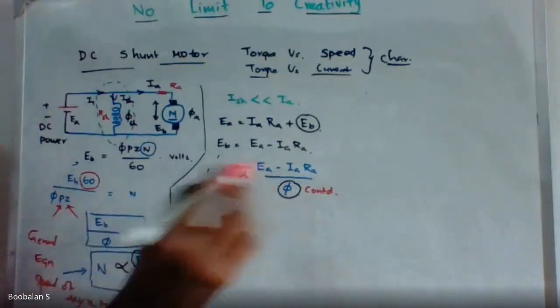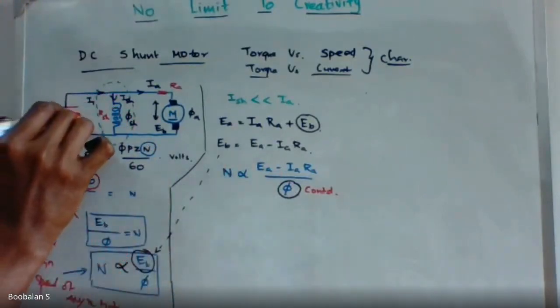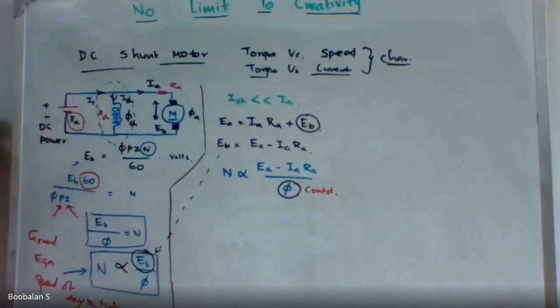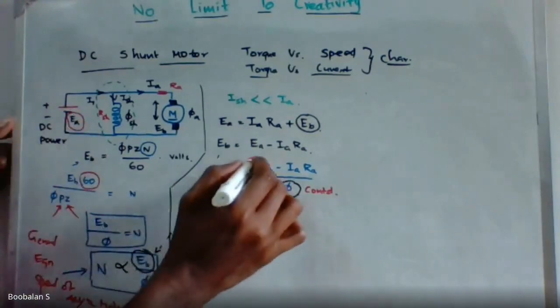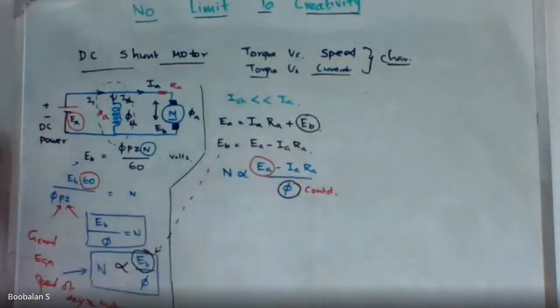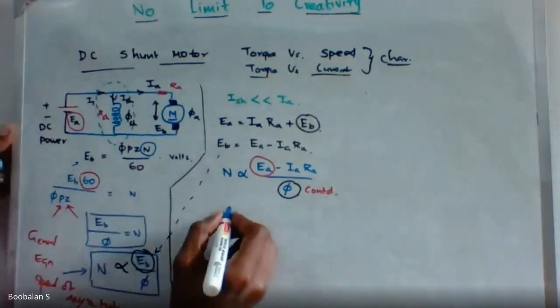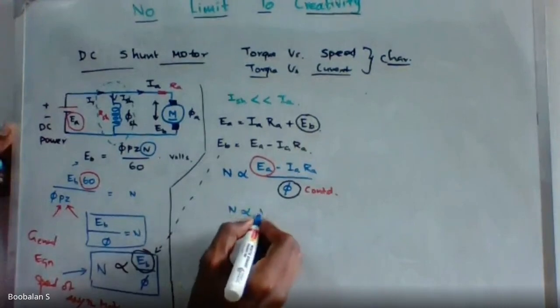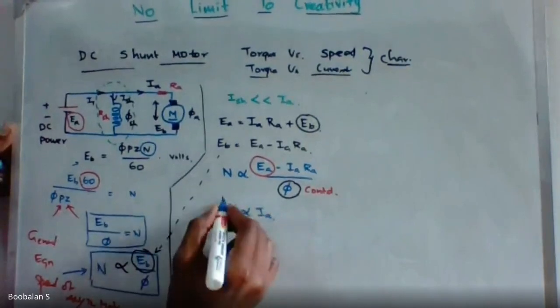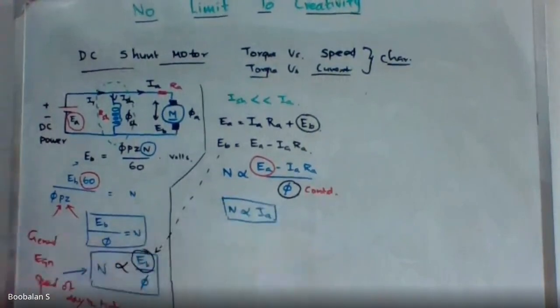So I'm going to neglect this and apply a constant voltage, so the input voltage EA is also constant. Now the remaining thing: N is directly proportional to IA.